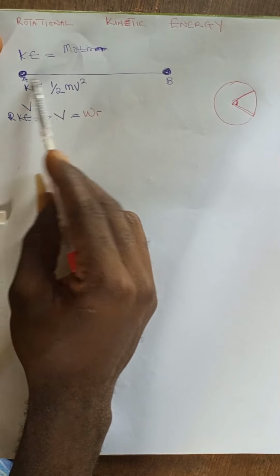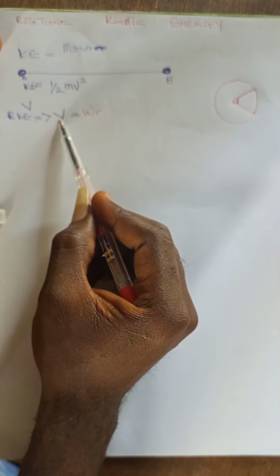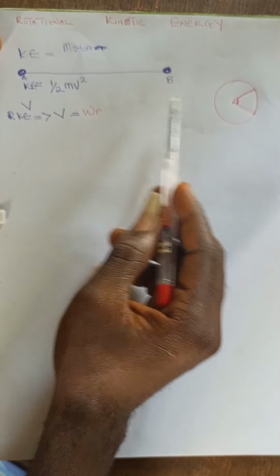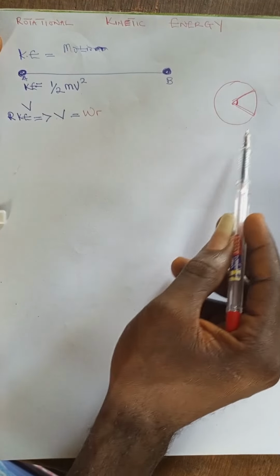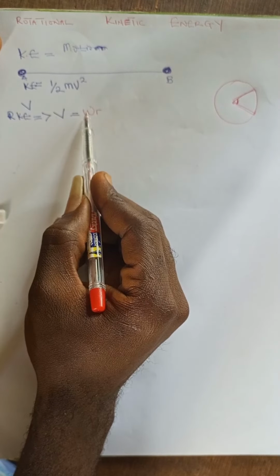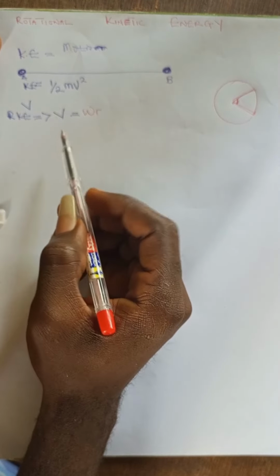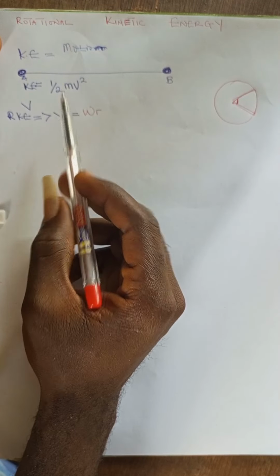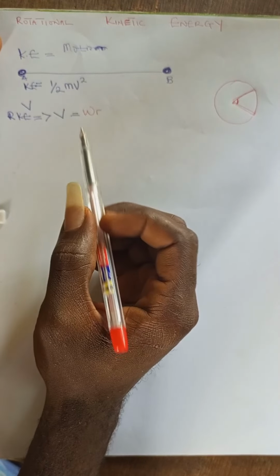If na for motion wey dey for straight line, you fit use ordinary v, but for motion wey dey go in a circle, for rotational motion, you no go use ordinary v again. The v go become omega r. So the formula remains the same except say you go change v to become omega r.